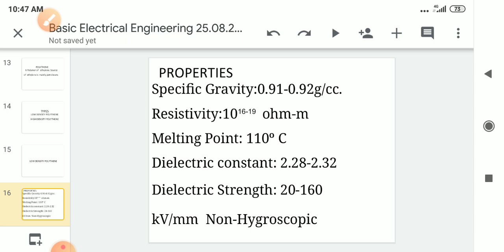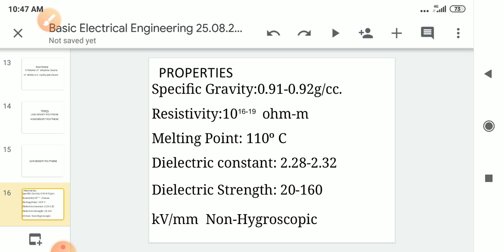The properties for this: specific gravity is 0.91 to 0.92. The resistivity is 10 to the power of 16 to 10 to the power of 19 ohm meter. So it is a very highly resistive material, and at the same time its melting point is just 110 degrees centigrade only.